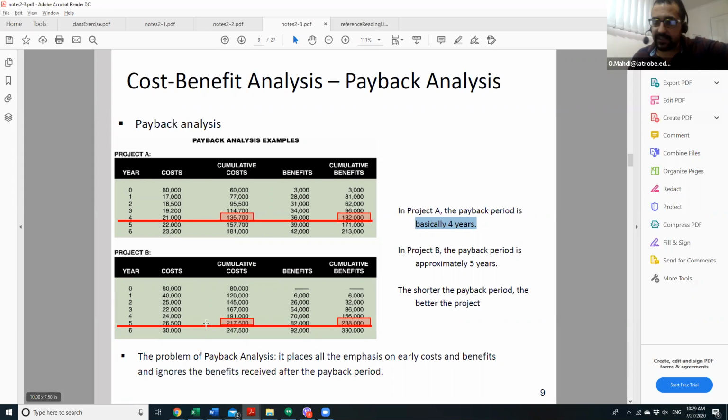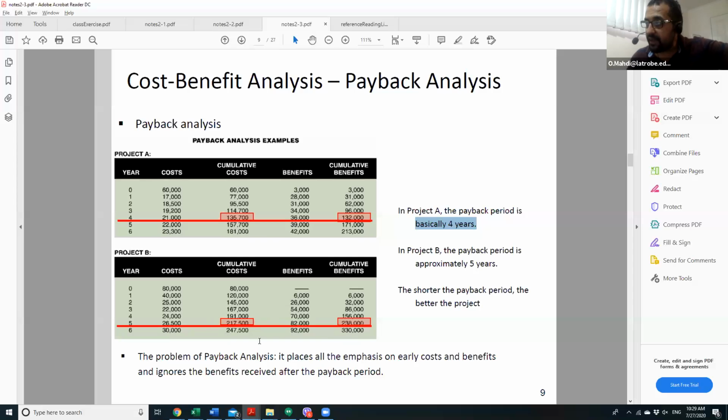Look here for project B, the same thing. After 5 years, the cumulative cost is 217,000, while the cumulative benefit is 238,000. This is the closest pair. Look at year six, 247,000 and 330,000. They are far away from each other.